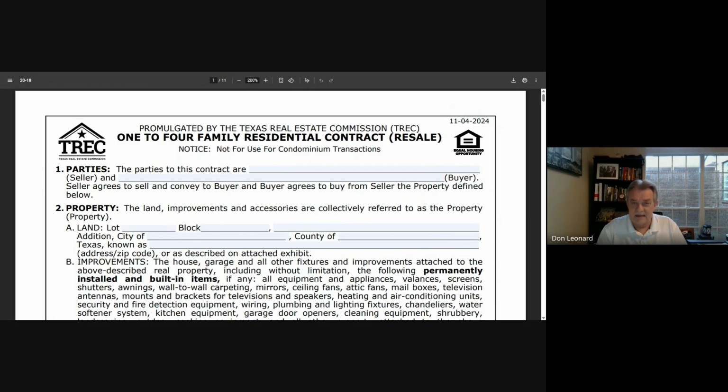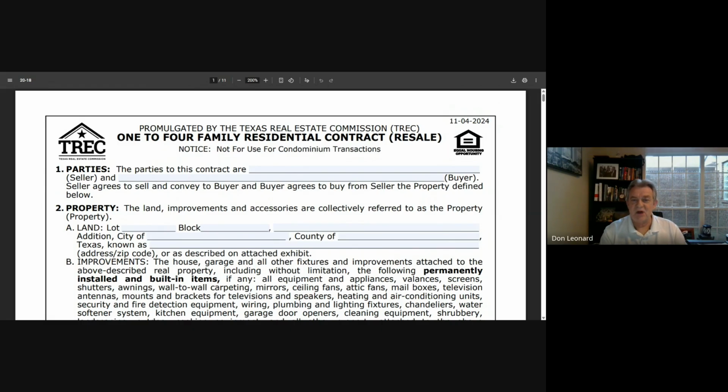When that happens, there will normally be a transition period between the time where we can still continue to use this one, or we can use the new one, either one. Usually that transition period is 60 to 90 days. But there will be a drop dead date where they will say, okay, from this point on, you can no longer use the old one. But that's probably coming in about June.